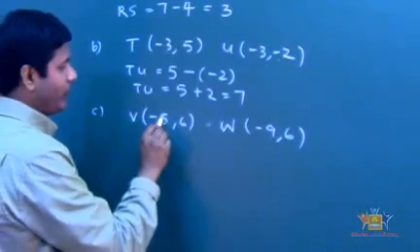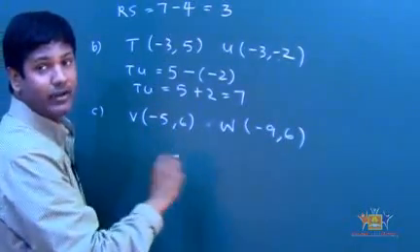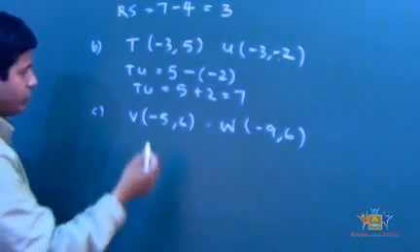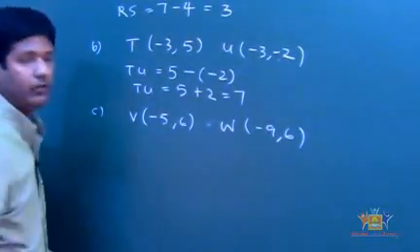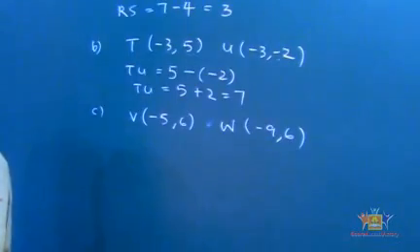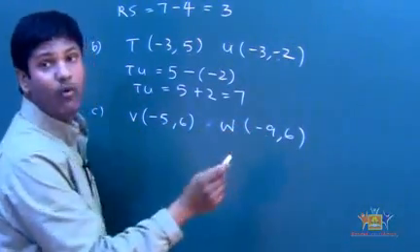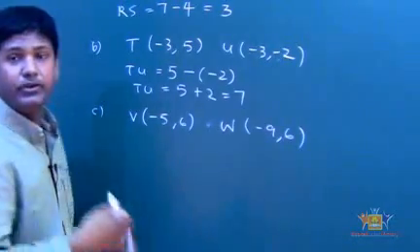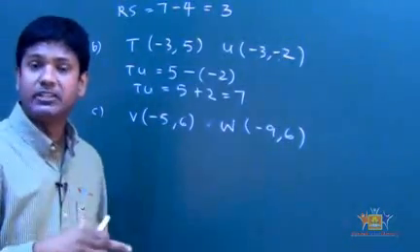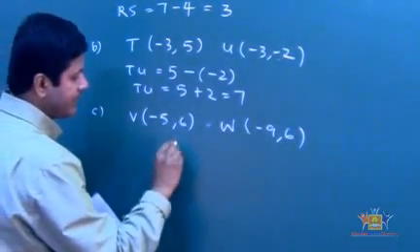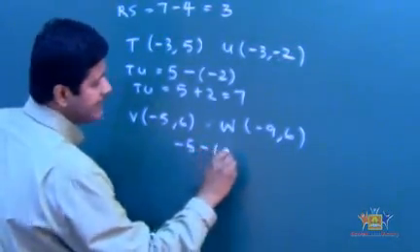So that means we can take the difference of the X coordinates. We take the big one subtracted by the small number. Between negative 5 and negative 9, which one is big? Negative 5. That's right, because you owe less with this one, and you owe more with that one. Owing less is much better, so it's bigger. So that means negative 5 minus negative 9.